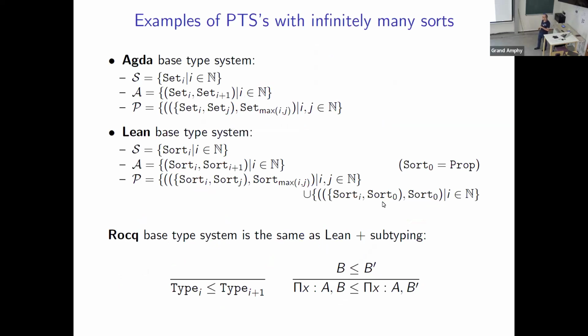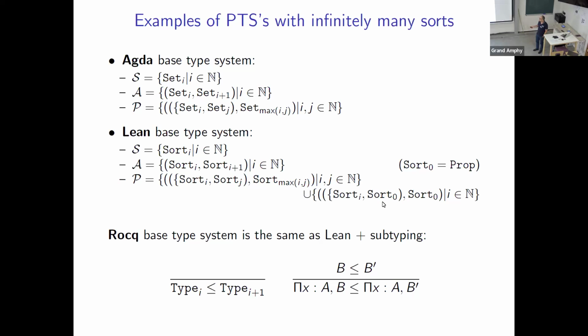In systems like Agda, Lean, Coq, they actually use an infinite set of sorts. In Agda, it's called Set with an index that is a natural number. And you see that the axiom rule says that Set i is of type Set i+1. So the constants we had before, type and kind, correspond in this case to Set 0 and Set 1.